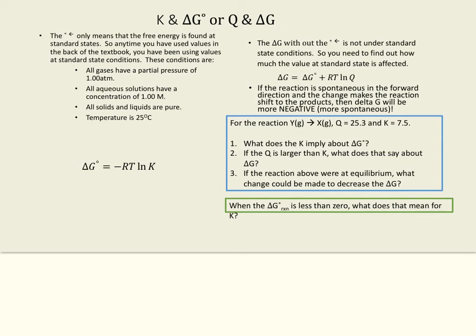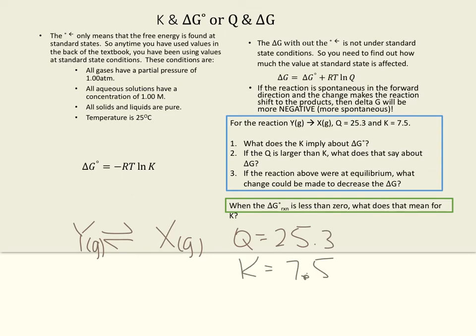So if we look at this reaction, and Q is equal to 25.3, and K is equal to 7.5, what does the K imply about delta G naught?